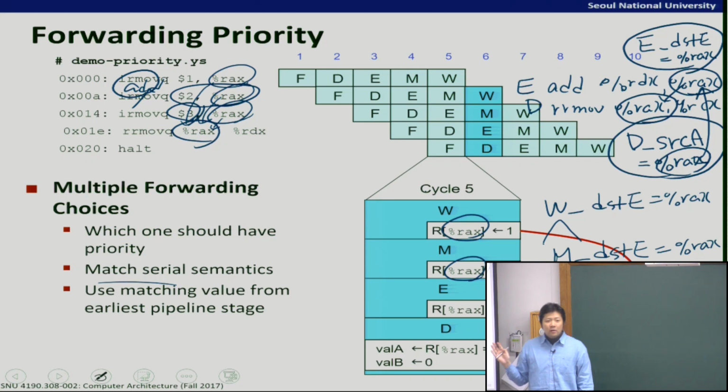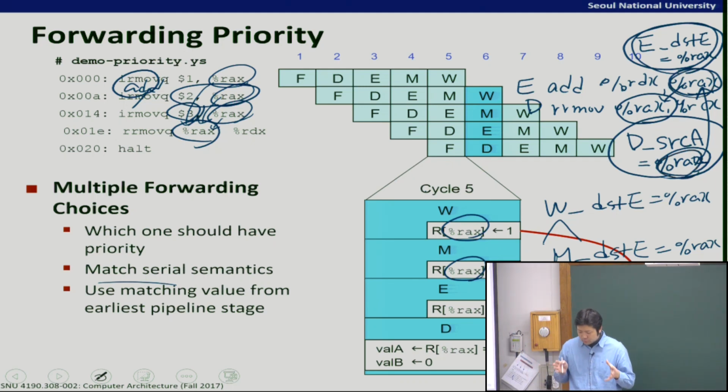The point is, regardless of whether this value is an immediate value or the result of an ALU computation, we still use the same mechanism, because the register ID is stored in the same field, and the value is also stored in the same field, because this value will eventually be generated in valE.